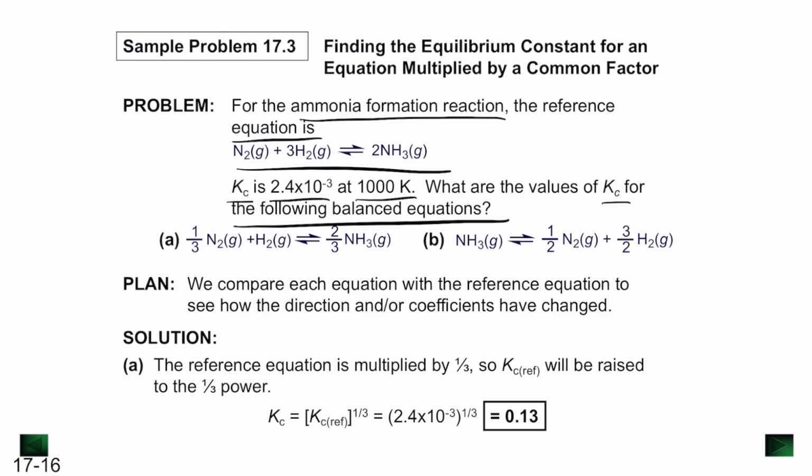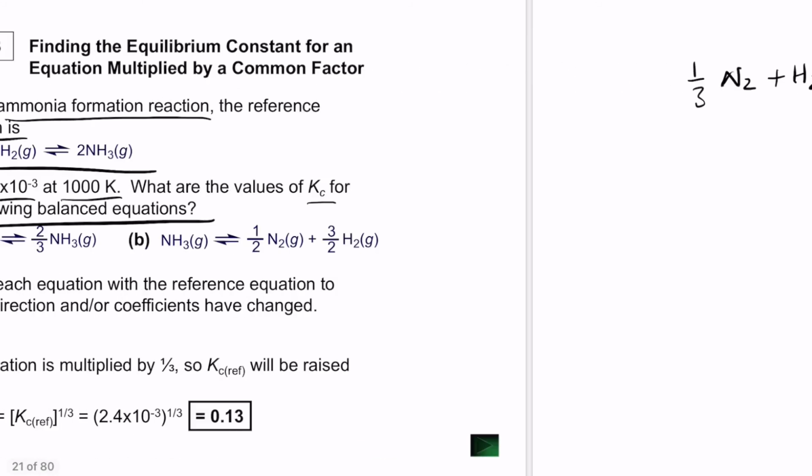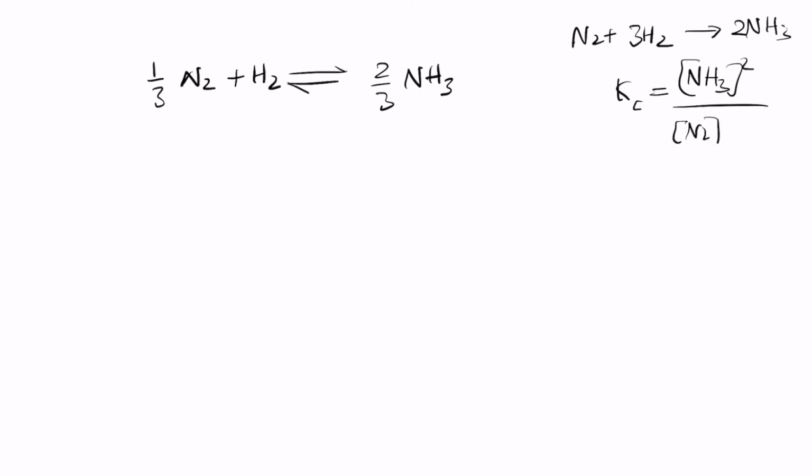So first, let's try and calculate the first one. So the first one is given as 1 by 3 N2 plus H2 gives 2 by 3 NH3, and the reference equation is N2 plus 3H2 gives 2NH3. So from this we can write Kc originally as NH3 square over N2 times H2 to the power 3.